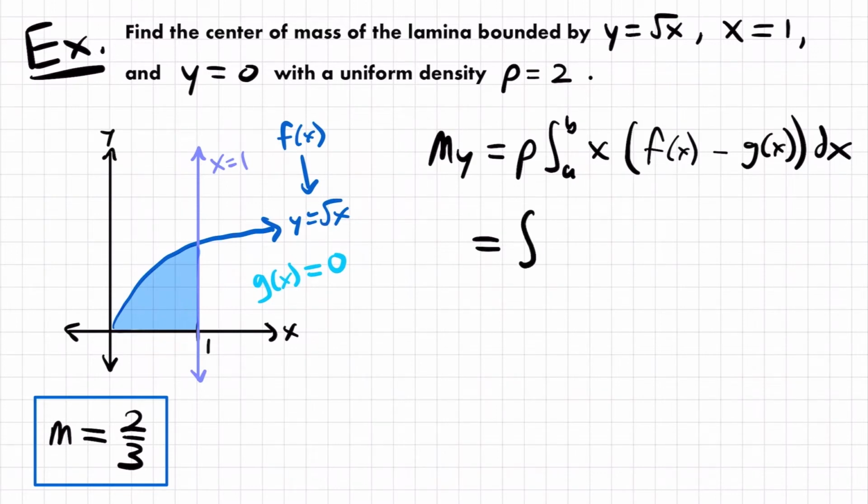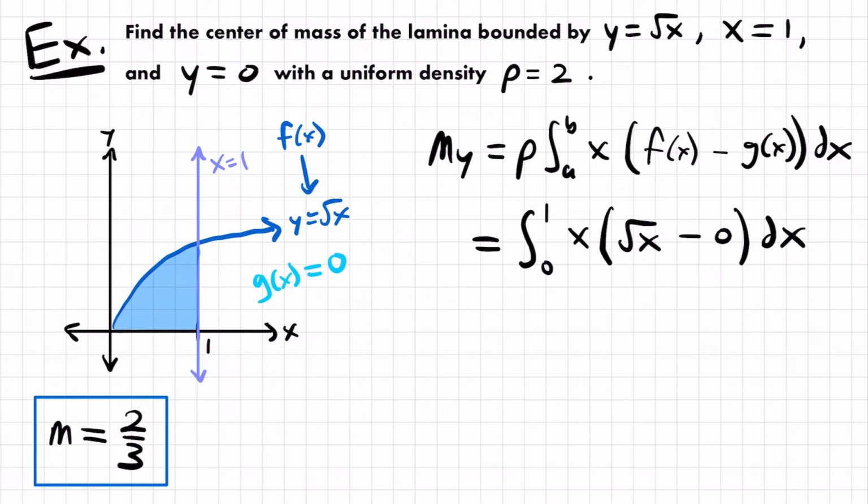And so we'll have the integral from 0 to 1, right? The same bounds of integration that we used for the mass integral, because our region still lies between x equals 0 and x equals 1. And so then we'll have x times f of x, which is the square root of x, minus g of x, which is 0, times dx.